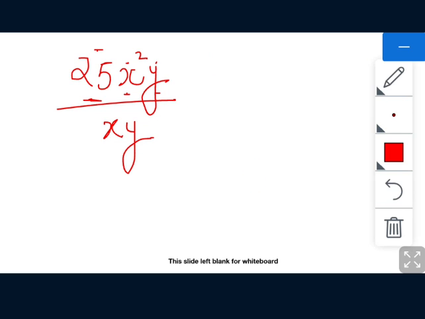Okay, so solve this one. 25x squared y divided by xy.